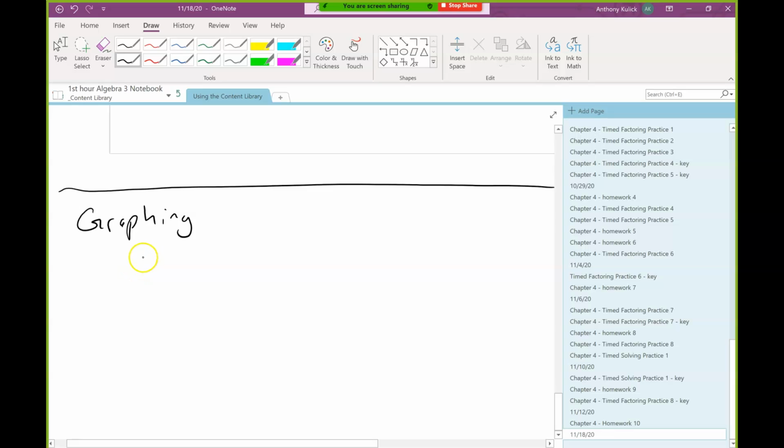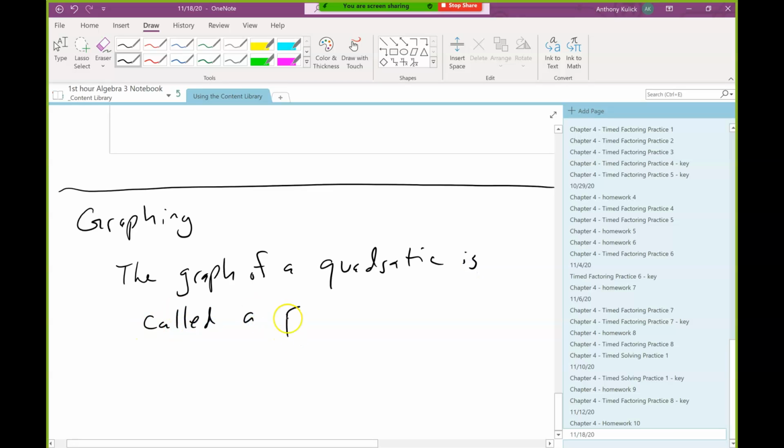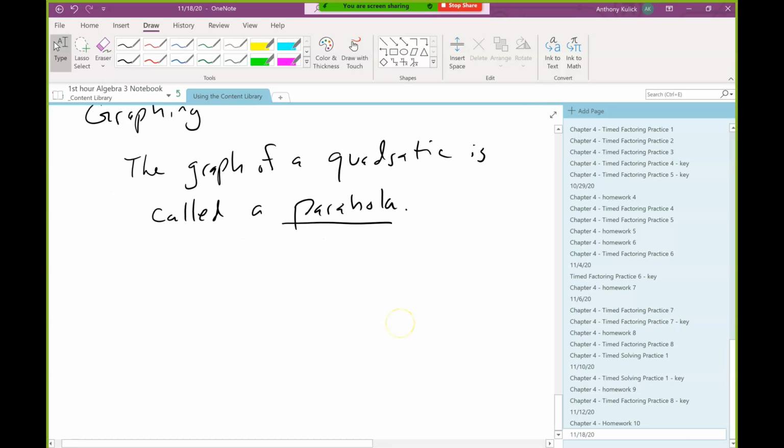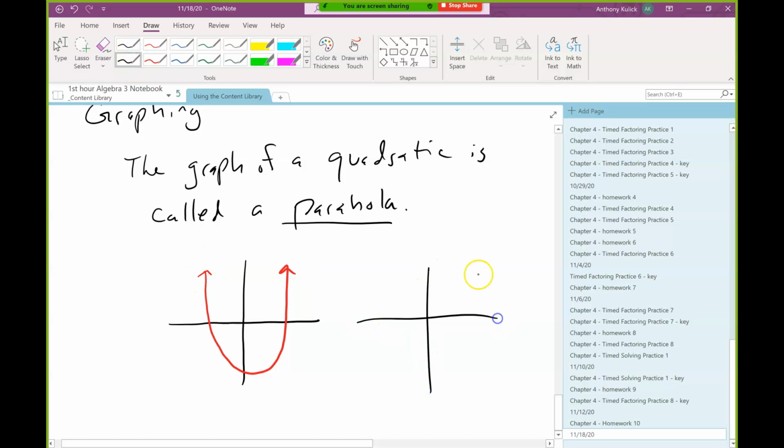So the graph of a quadratic is called a parabola. And what a parabola looks like is basically kind of like a U that either opens up or it opens down.